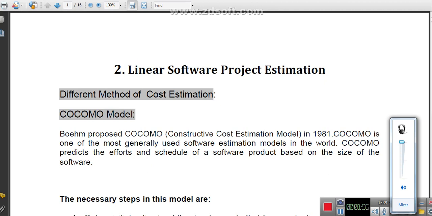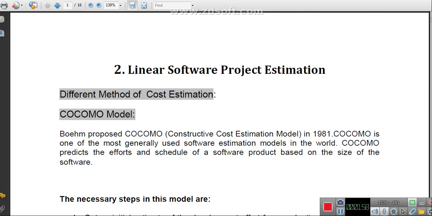Okay. So there are various techniques or methods for cost estimation. First we can see the COCOMO model. We have already seen the COCOMO model. That particular model is proposed by Boehm. That is the Constructive Cost Estimation Model, that is the COCOMO model. This model was proposed by Boehm in 1981.